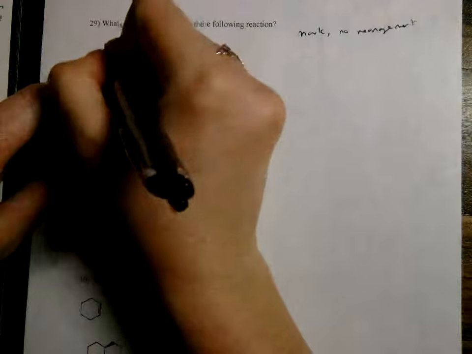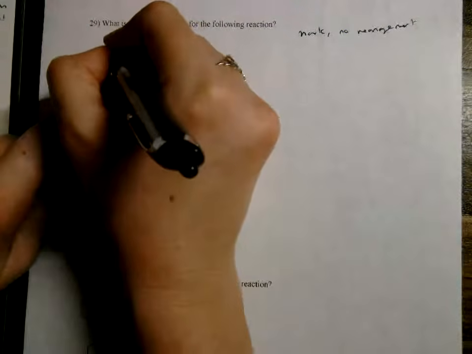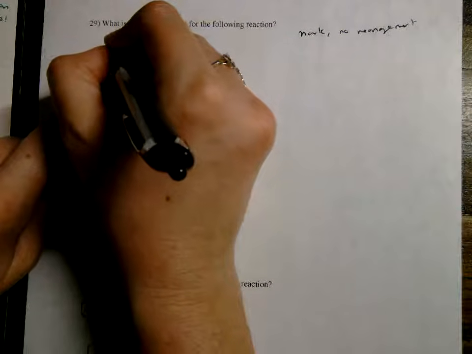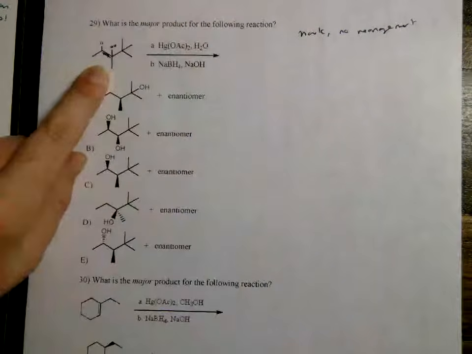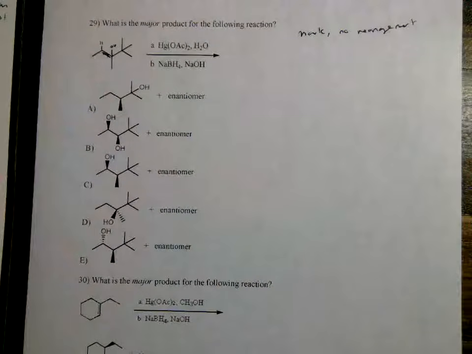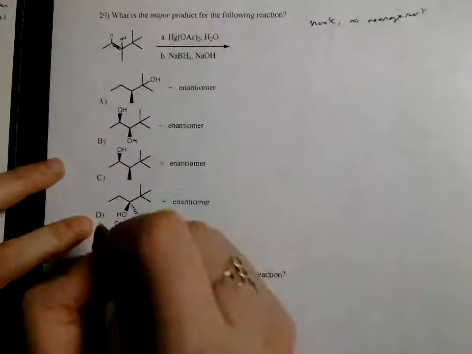So in this case, your alcohol should add right here, and the hydrogen would add here. If it was acid catalyzed, you would experience rearrangement, but you're not in this case. So the right answer should be answer choice D.